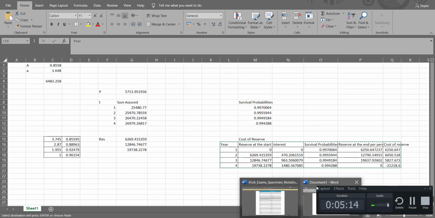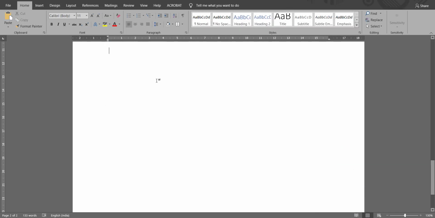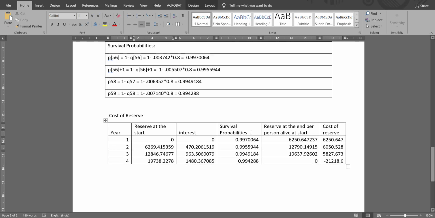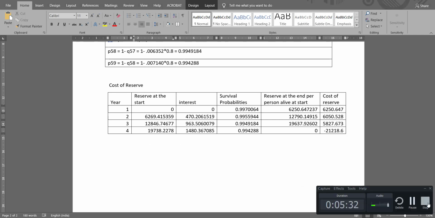Okay, so let's go to Word, and these are your cost of reserve numbers. Just write cost of reserve. Let me just verify if the calculations we have done are correct or not.